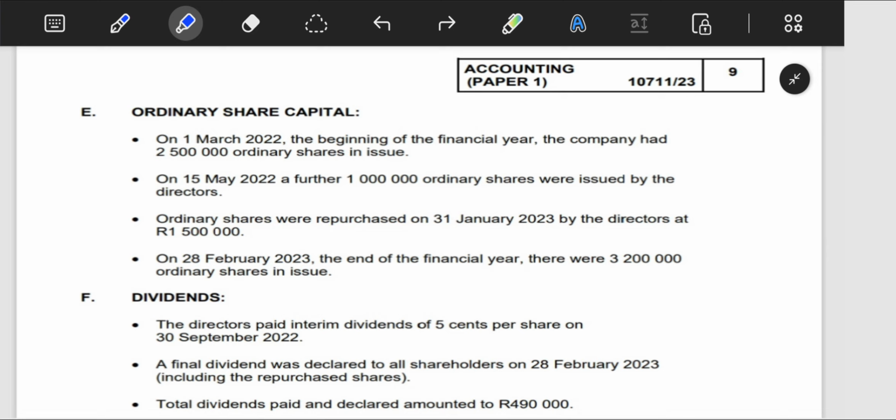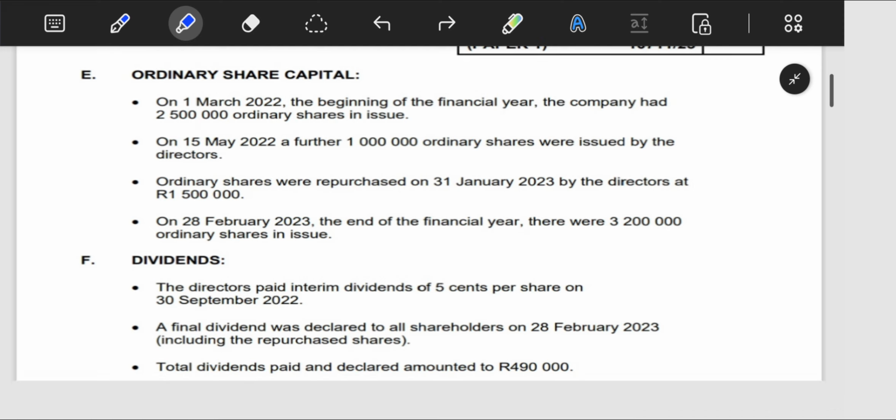Ordinary shares were repurchased on the 31st of January by the directors at 1,500,000. Now they're giving us amount of money. They are not giving us number of shares, and we are interested in number of shares. But now, let's see this information if it can assist us.